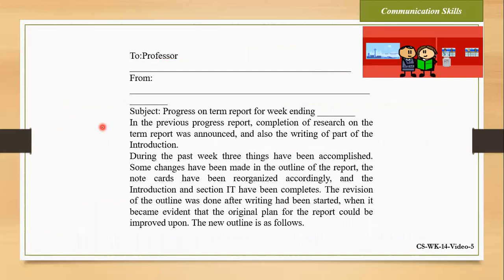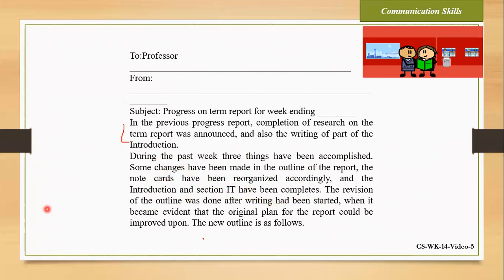Next one is addressed to Professor so-and-so, from your name. I have taken a general example, so please go through it. Like in a previous progress report, this is what they have done. During the past week, three things have been accomplished. Some changes have been made in the outline of the report, the note cards have been organized accordingly, and the introduction section is done, and so on.